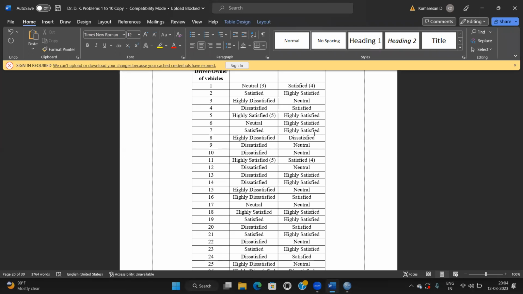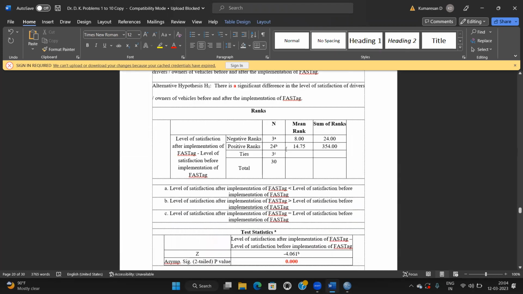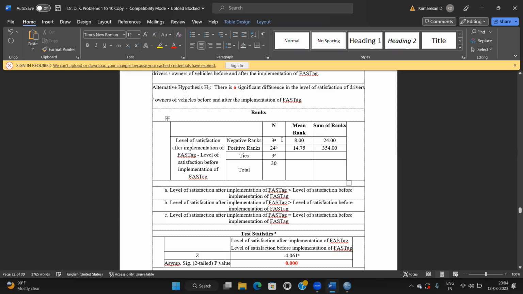After implementation also, highly satisfied, 5. So both are equal. Equal means tied rank. So here, number of negative ranks 3, number of positive ranks 24, number of tied ranks 3.